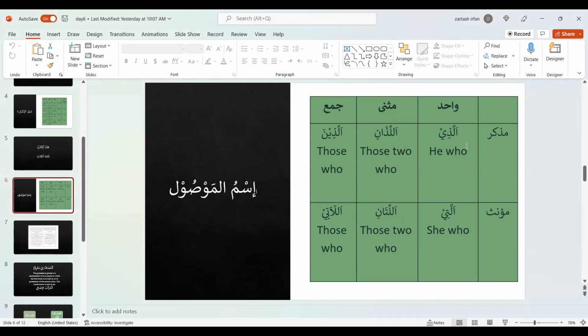Allazi is he who, used for Mufrad. Musanna form is Allazani, those two, and Allazina, those who, used for more than two. For Muannas, Allati, she who, Allatani, those two who, Allati, those who, all for feminine.